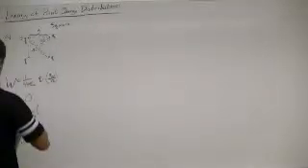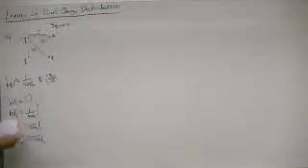So for work of bringing in 1 point charge, it's going to be 1 over 4 pi epsilon naught times Q times, since there is no other point charge, it's just going to be 0, so this entire thing is 0.